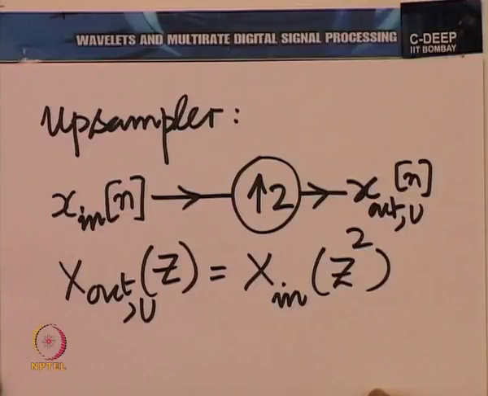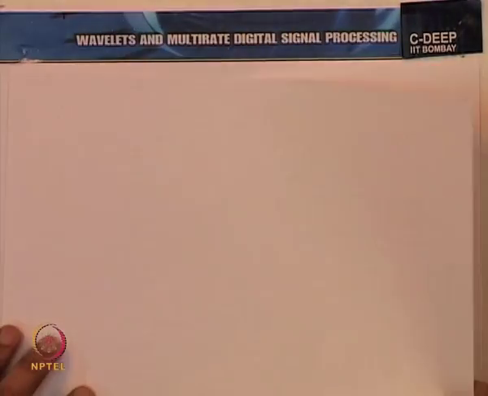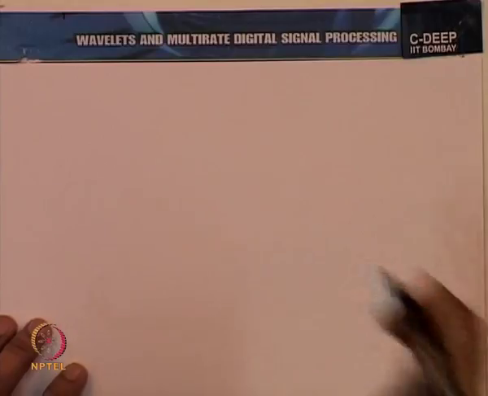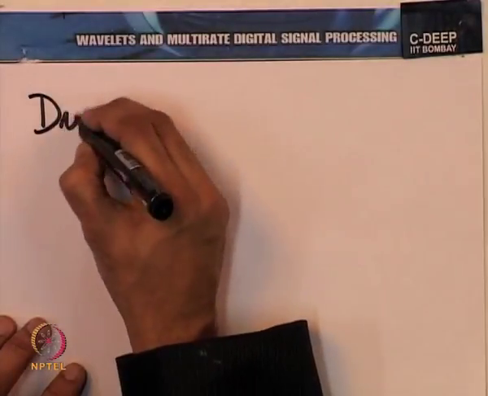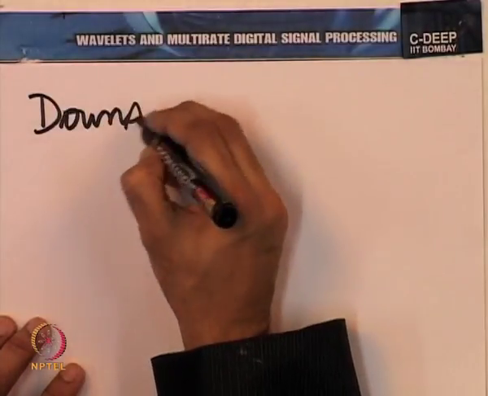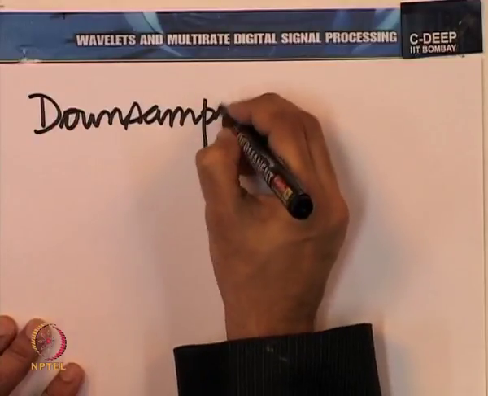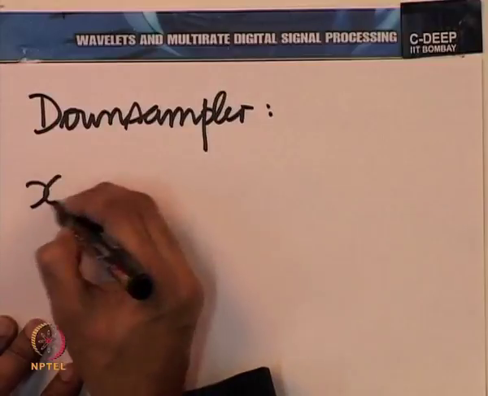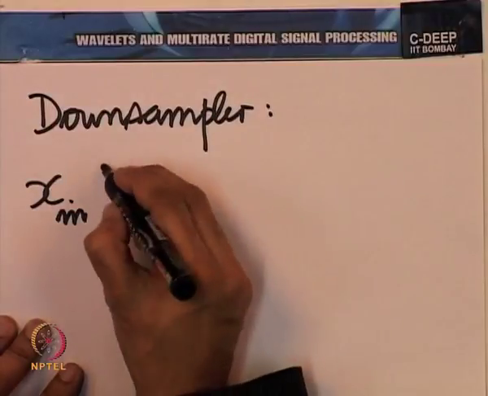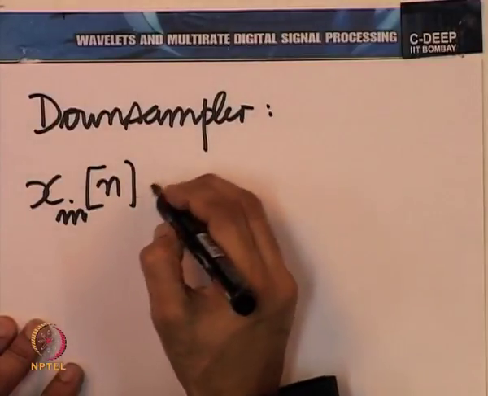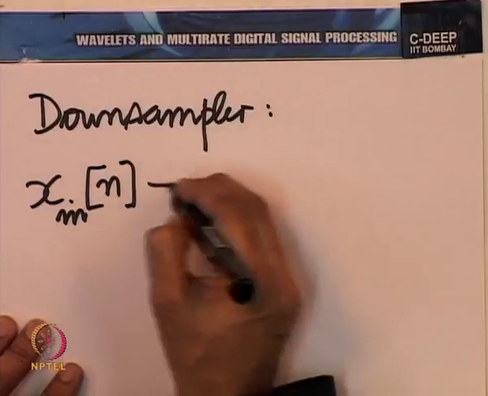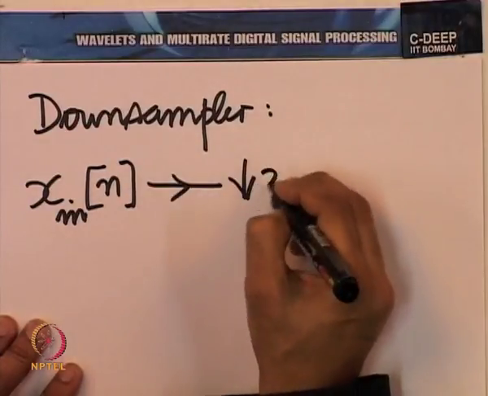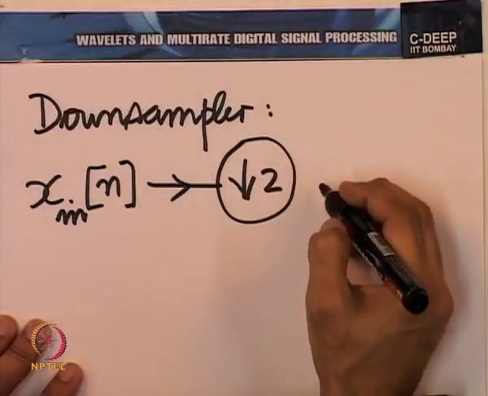Let us similarly see what happens when we go past a downsampler. So, for the downsampler by a factor of 2, remember we had analyzed in detail the case of a downsampling by factor of 2. We had indicated how to generalize, but it was a little more complicated.